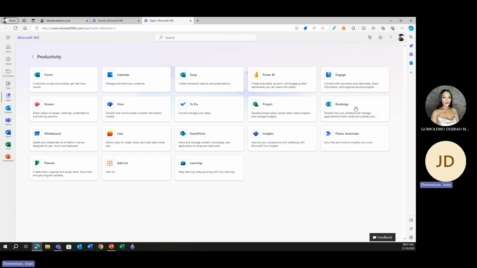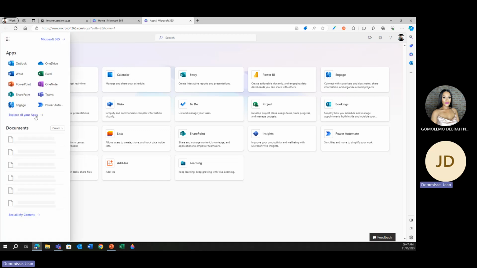Okay, where is that now? Okay, so I don't see it, but there is an app in Office that is called Math Solver. I'll show that to you. I just need to find it again.